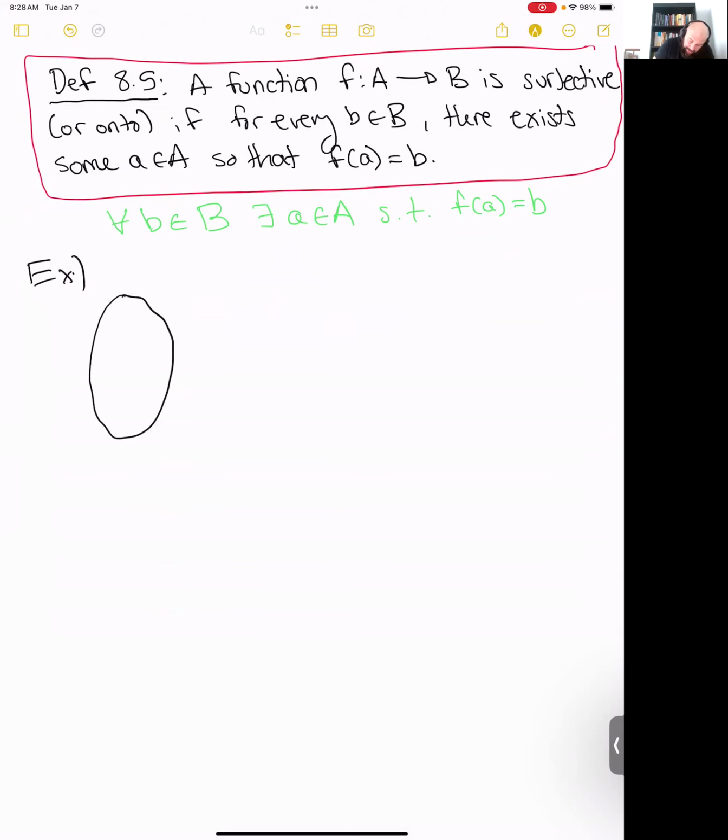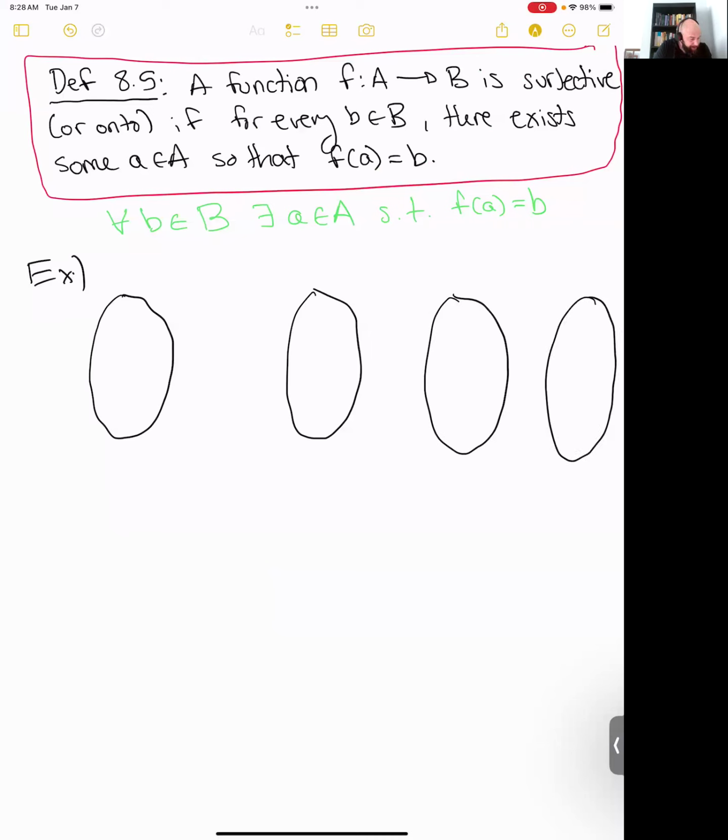So I'm just going to draw these two different examples, similar to what I did for injection. So let's see, 1, 2, 3, 4, 5. 1, 2, 3, 2, 3, 4. 1, 2, 3.